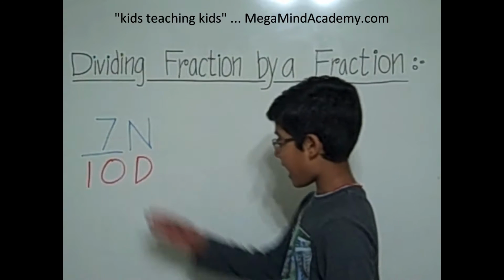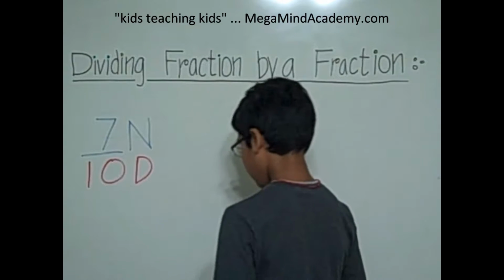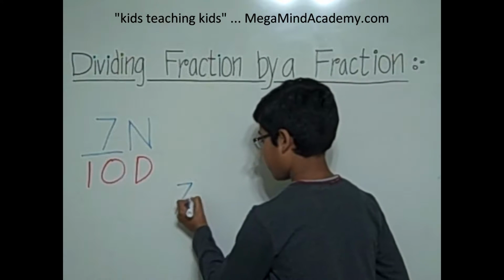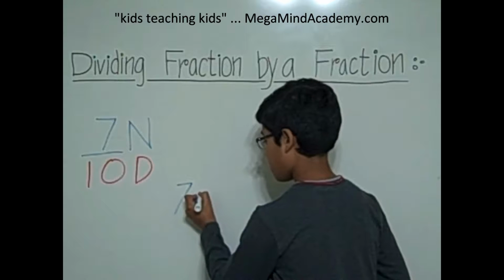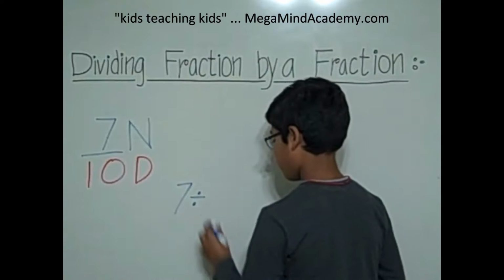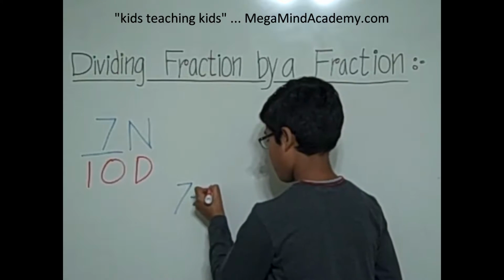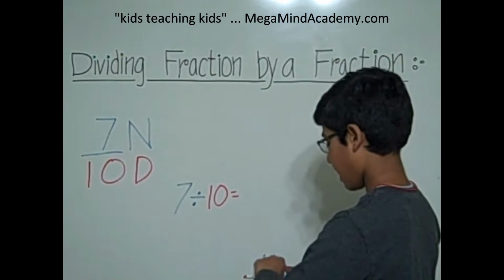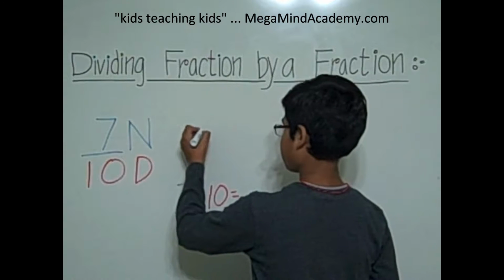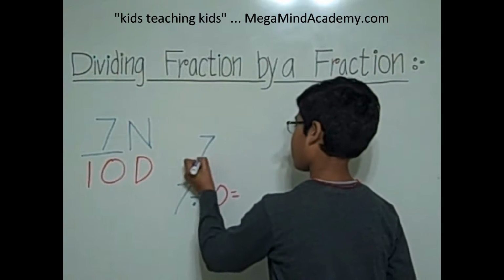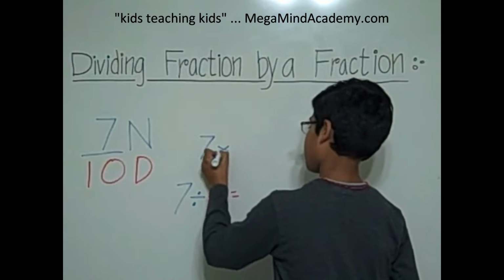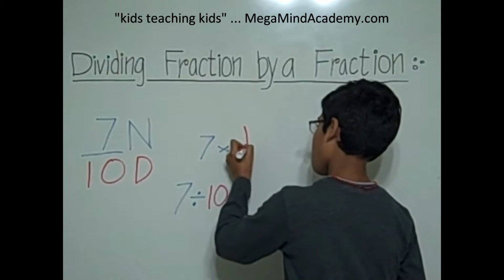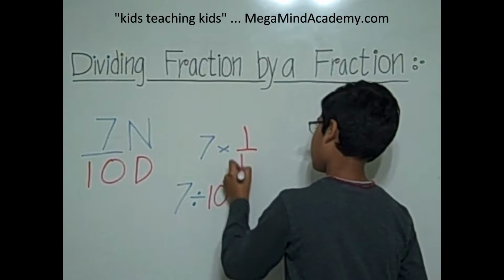We can write this as 7 divided by 10, or 7 times 1 over 10.